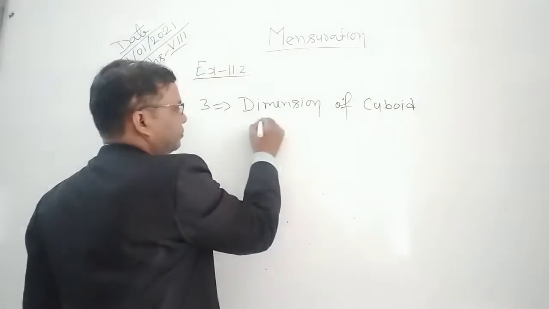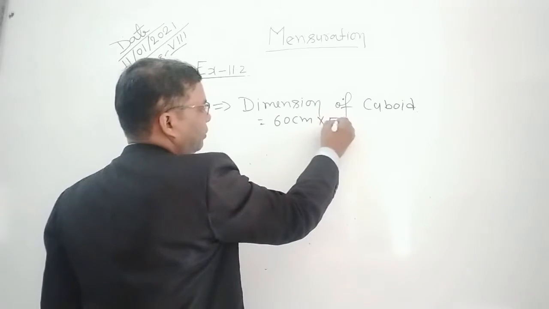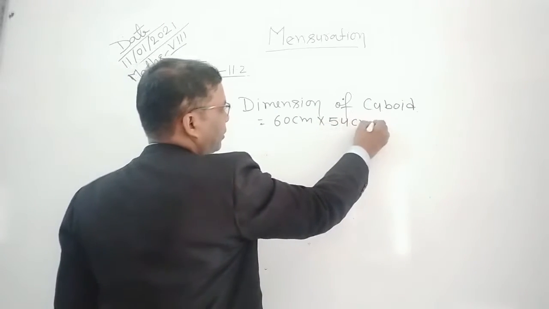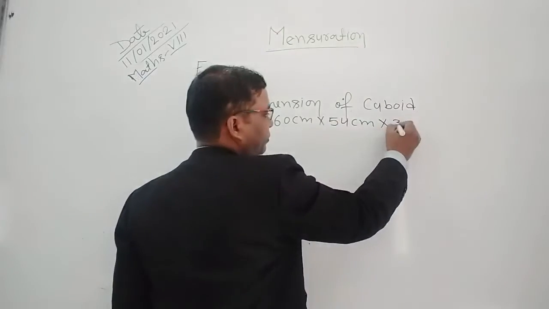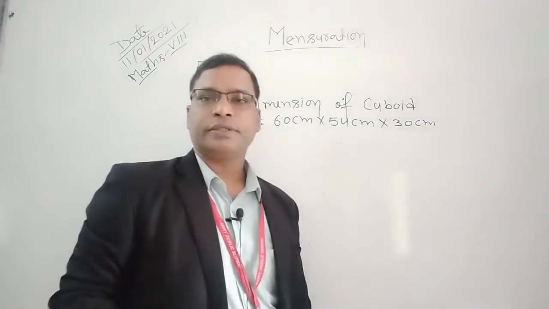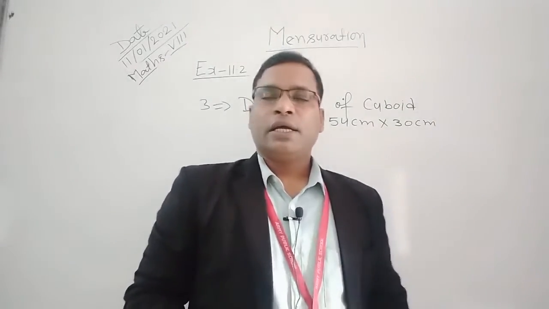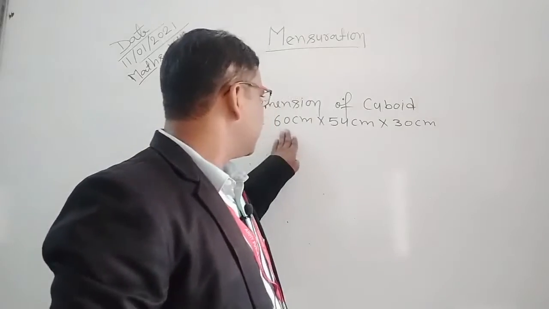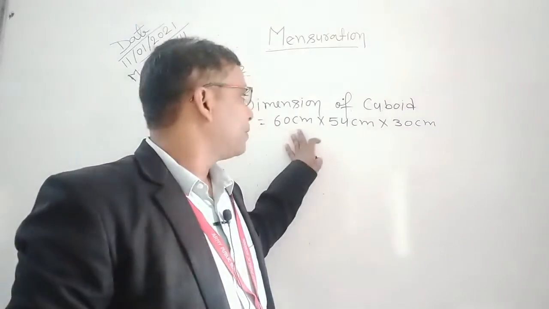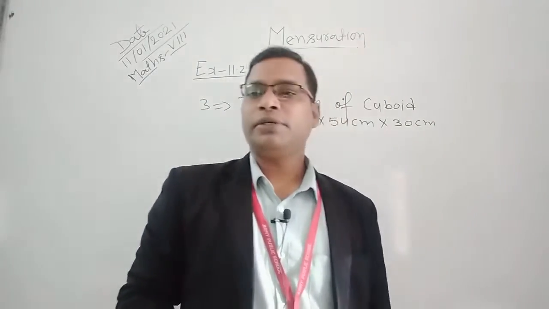This is given: 60 centimeter into 54 centimeter into 30 centimeter. This is the dimension of the cuboid. This represents length: 60 centimeter is length, 54 centimeter is breadth, and 30 centimeter is the height of this cuboid.